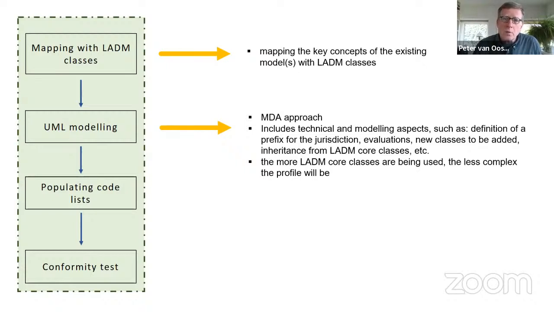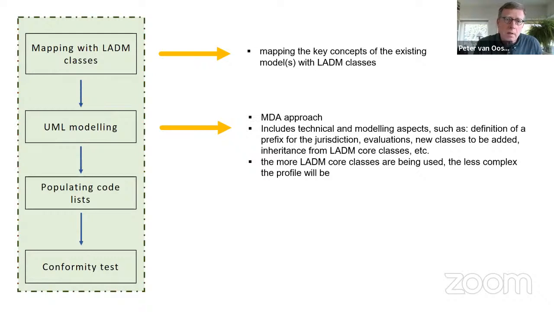Then creating the model. And the model is the start for the model-driven architecture. If in LADM there are classes missing, so these classes are there in the national systems, then they have to be added also in the country profile, and somehow related to the other classes.